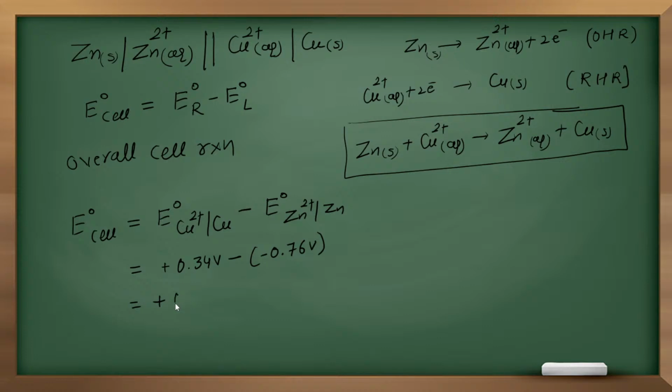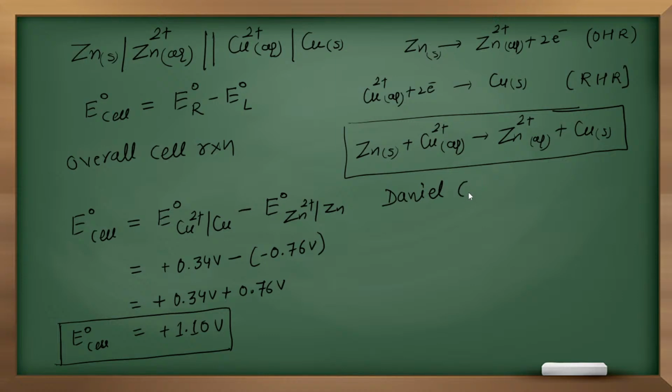So it is plus 0.34 volt plus 0.76 volt, that is plus 1.10 volt. This is E naught cell for zinc copper cell, and that is called Daniell cell. Daniell cell is zinc copper cell.